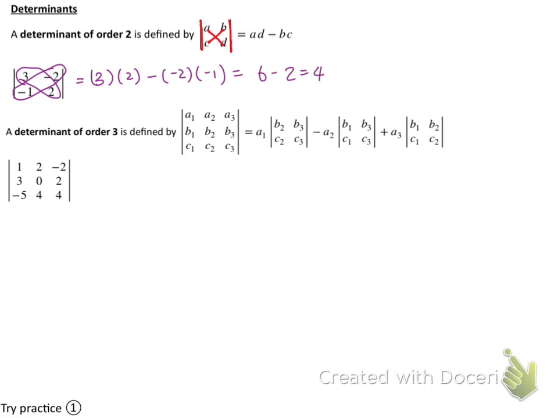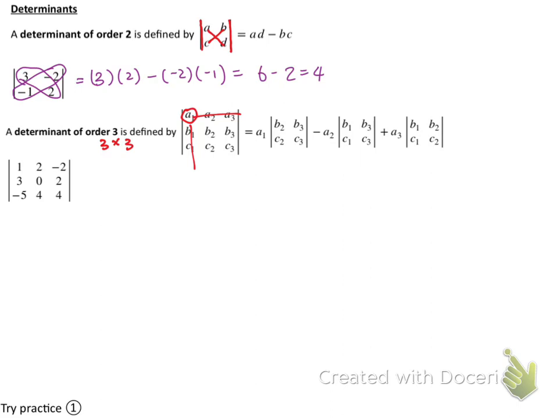Now, when we have an order 3 determinant, we call it 3 by 3, because it's 3 rows and 3 columns. Then what you do is use the definition I have here: we expand it from the first row. Each time you take one element in the first row and then you cross out its row and its column.